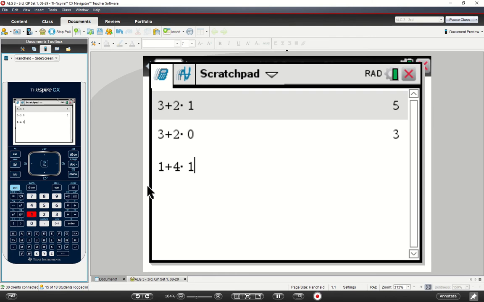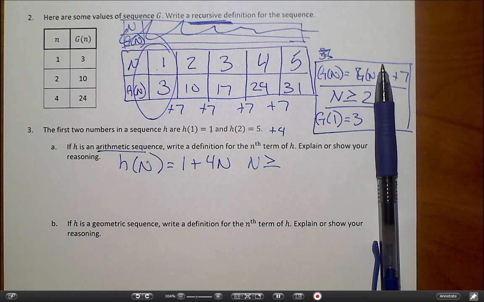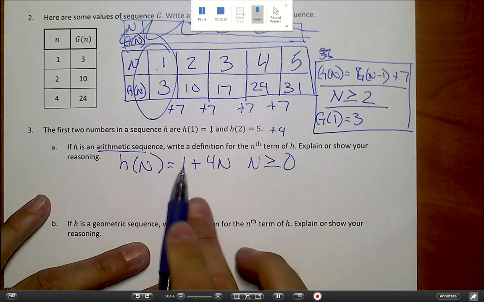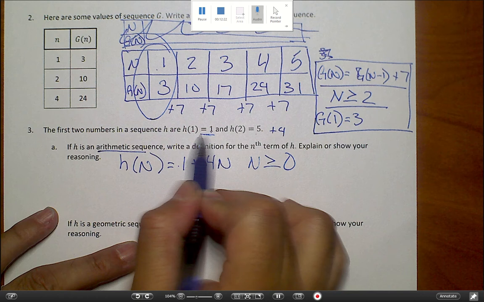If n is 1, that's 5. Is that my first number? No, it is not my first number. So let's delete that one and try it as a 0. There you go. It's got to be 1. So n has to be 0 for this to be 1. Okay, that's my first number.